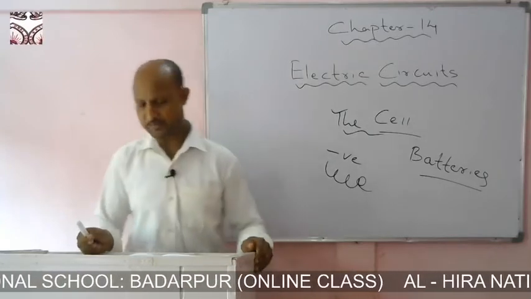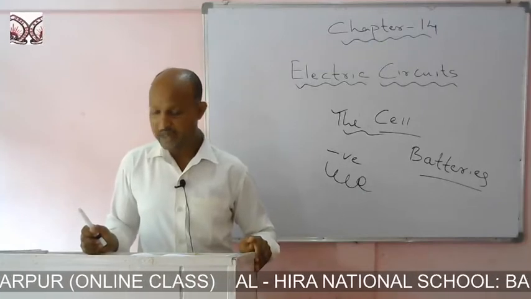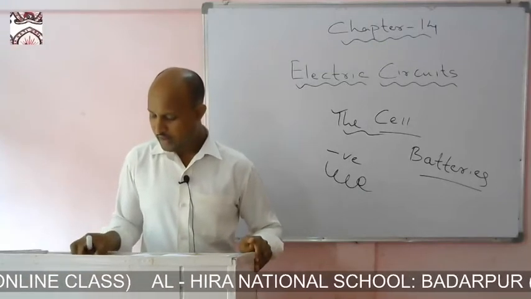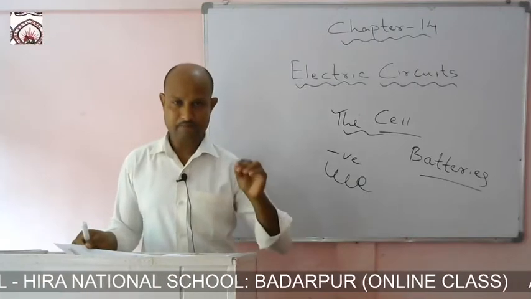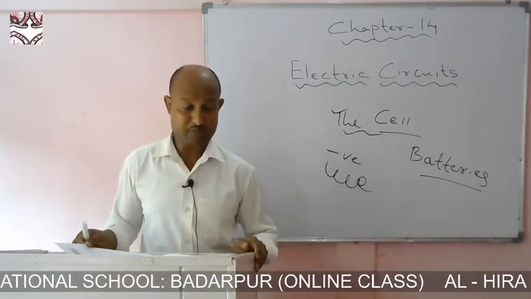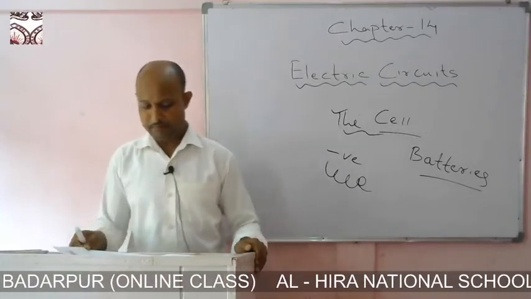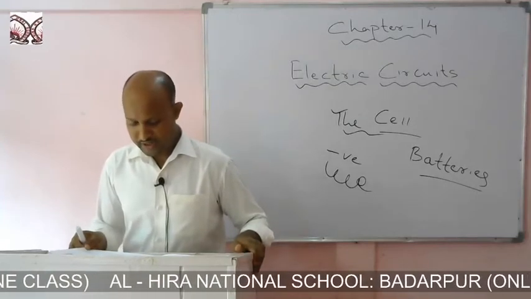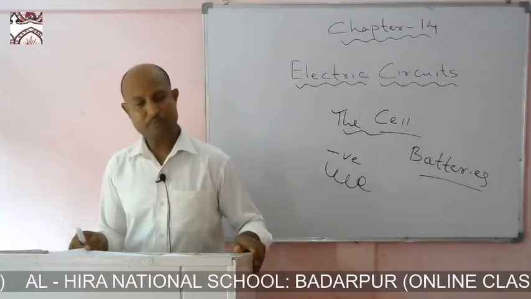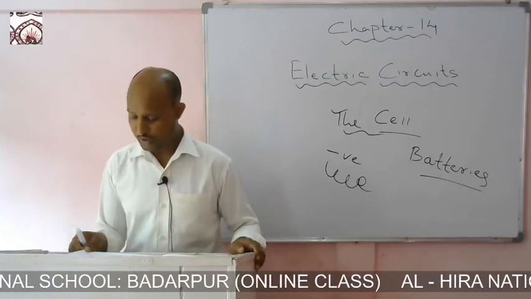There are three metal strips that we find in a torch, labeled A, B and C. A is connected with the metal case of the bulb, B is connected with a spring, and C is a part of the switch.